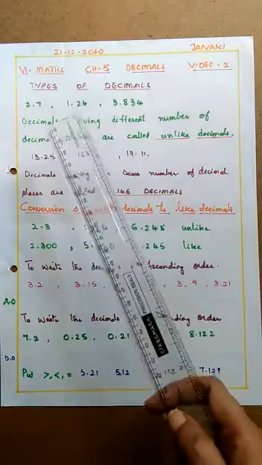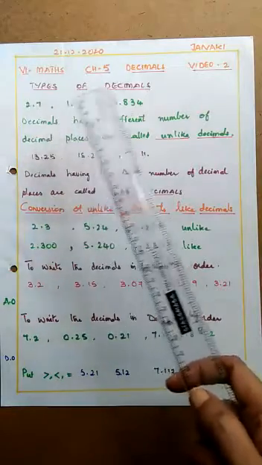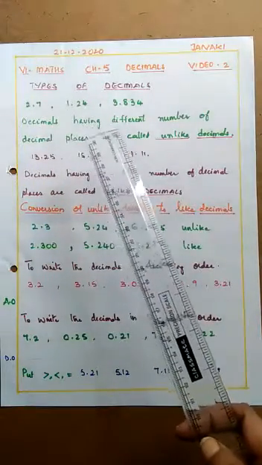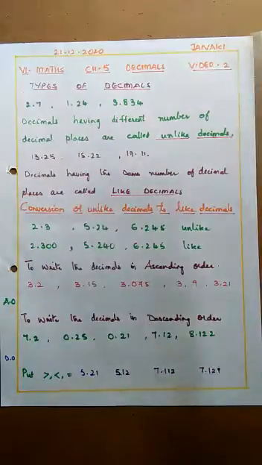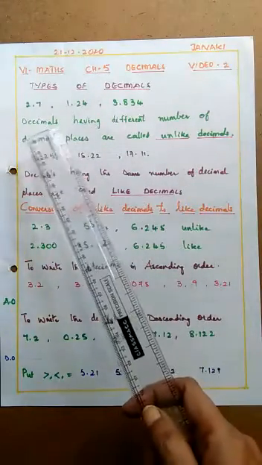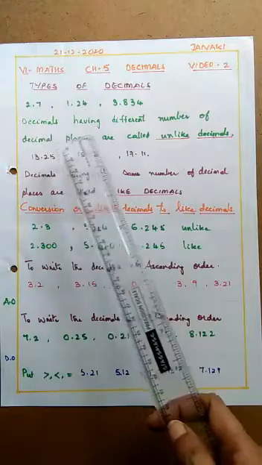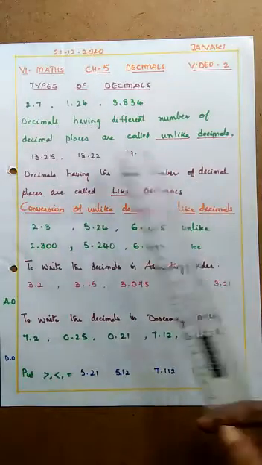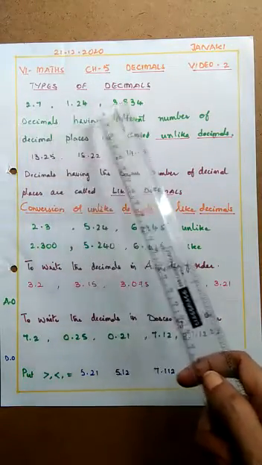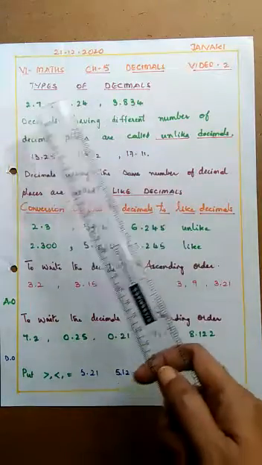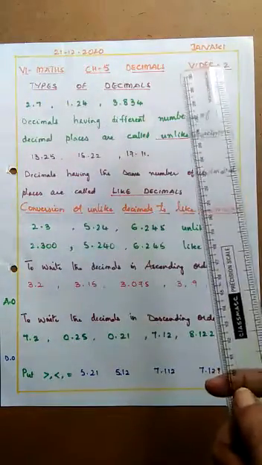So these types of decimals, where the decimal places vary 1, 2, 3 and so on, are called unlike decimals. Here you have only one place after the decimal, here 2 and here 3. So they are different, 1, 2, 3, isn't it?